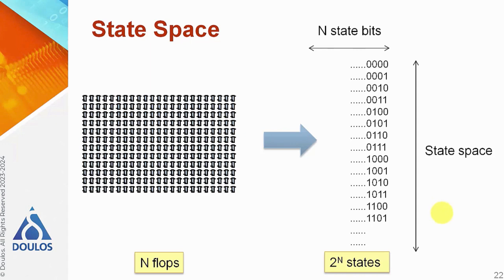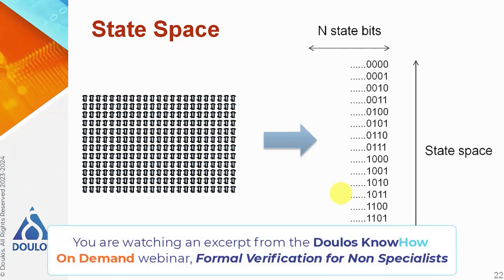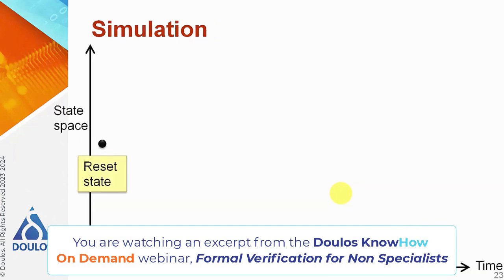The number of different states that our design can be in at any one instant in time is truly astronomical, not even beginning to think about the fact that the state space of the design evolves over time, which of course it does. So let's think how we'd simulate a design. So we start off by putting the design into a reset state.